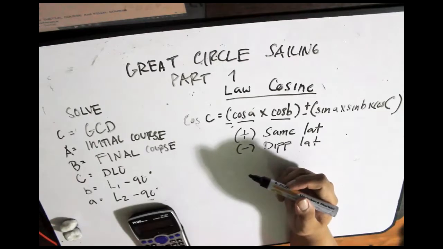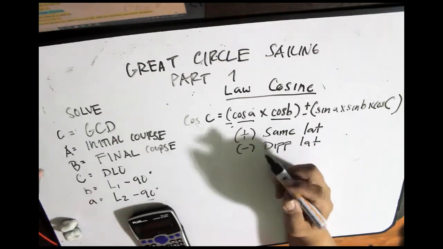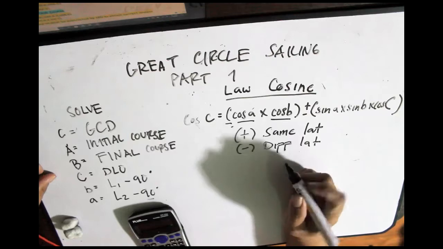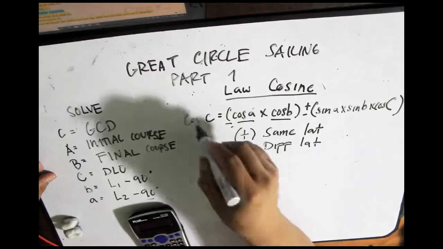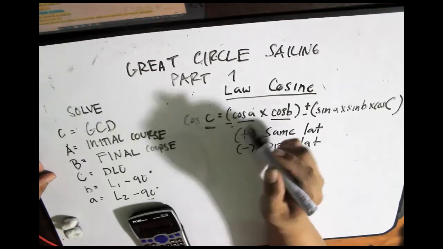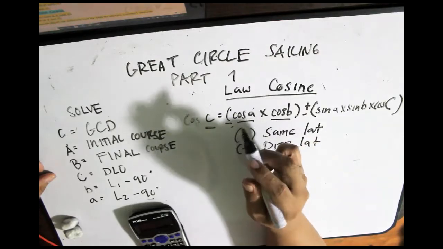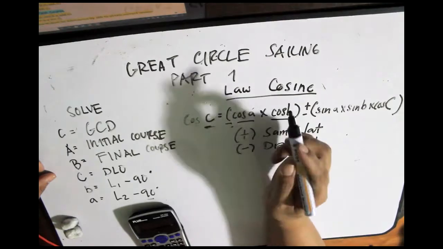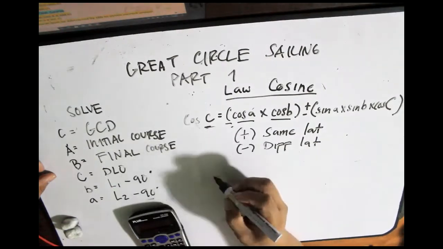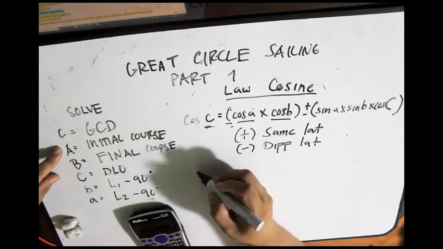So, how to solve naman? Solving for the initial course and final course. What is the formula using the law of cosine? Now, the first step is you must determine the distance. So that on the solving for the initial course and the final course, magagamit natin yung C na yan. So for solving for initial course, okay, the formula is this one.